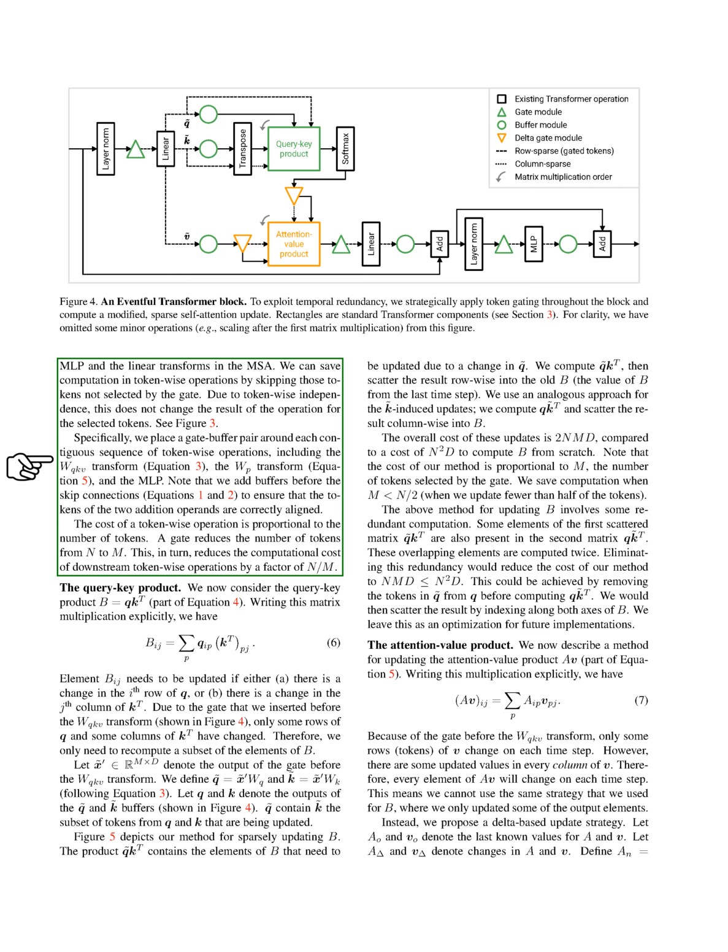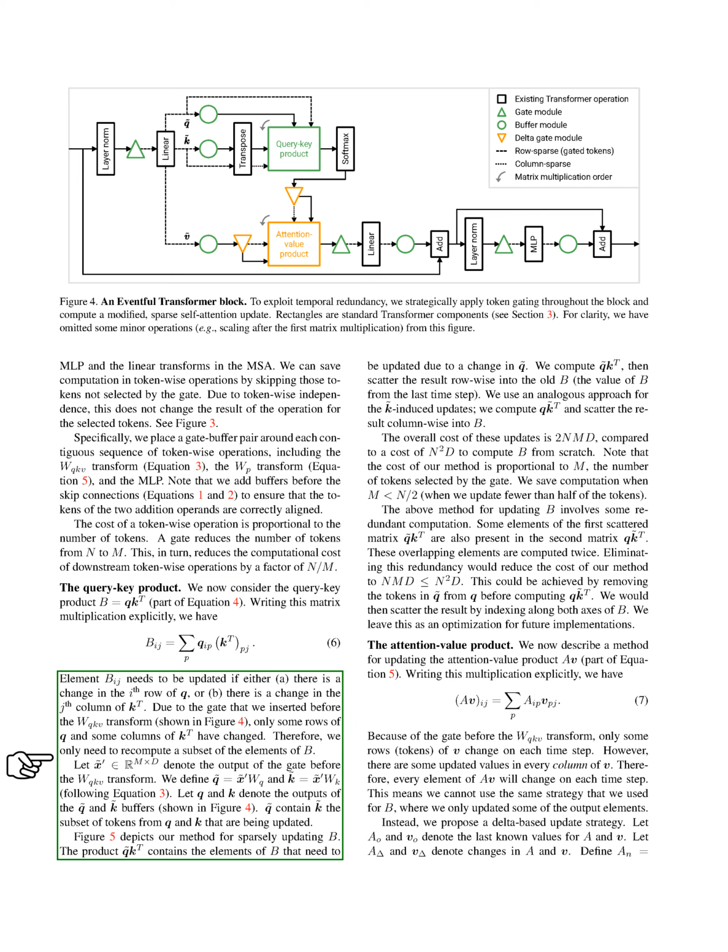Next, let's consider the product of query key, denoted as B equals Q K^T. This is part of a certain equation. If we write out this matrix multiplication, we have B_ij equals the sum over p of Q_ip times (K^T)_pj.